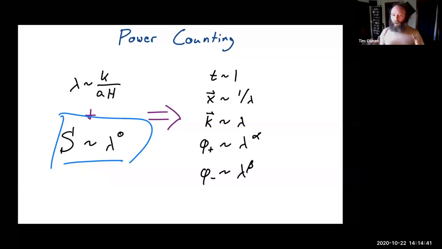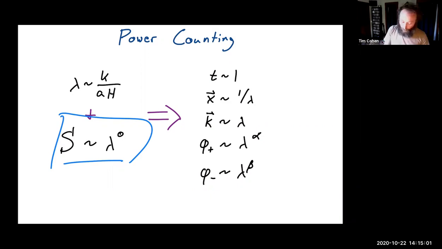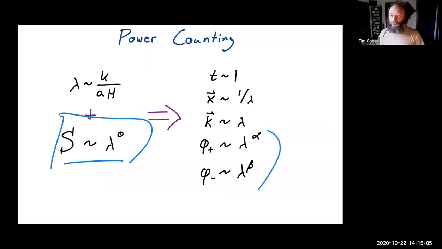Then, just like the way we define the dimensions of fields in normal quantum field theory, you say the action is dimensionless, you know how space and time scale, and that tells you what your fields carry. The same thing happens here. I'm not going to go through the argument. It's very simple. But what you find is that phi plus scales like lambda to the alpha, phi minus scales like lambda to the beta, which exactly maps onto the rule I told you.